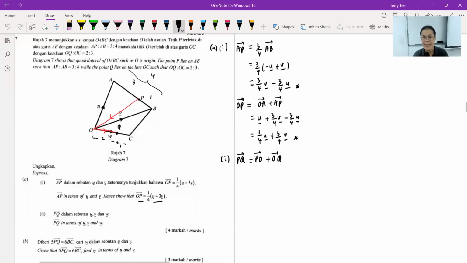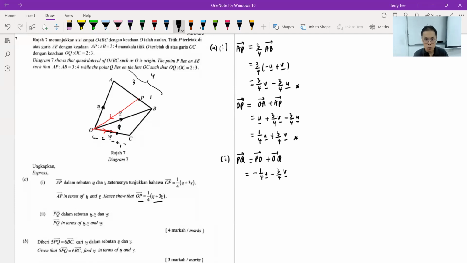So PO is negative OP. Your OP is this, so I put a negative in front of 1 over 4 U plus 3 over 4 V. You can put a negative in the bracket like this, or we can straight away change this to minus. Just multiply inside straight away, right? So it's minus 1 over 4 U minus 3 over 4 V.